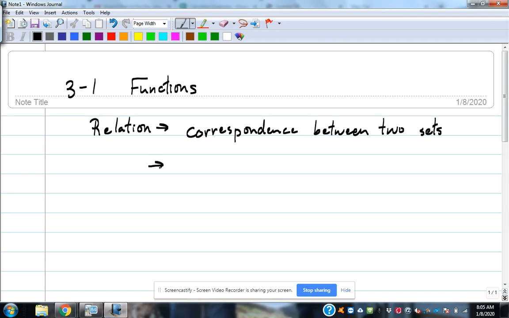For us in an algebra class, it's normally the domain and the range. Okay. Domain, remember, is x values. Range, remember, is y values. Sometimes you'll see them talk about input and output, but typically x and y are the way we deal with the domain and the range.